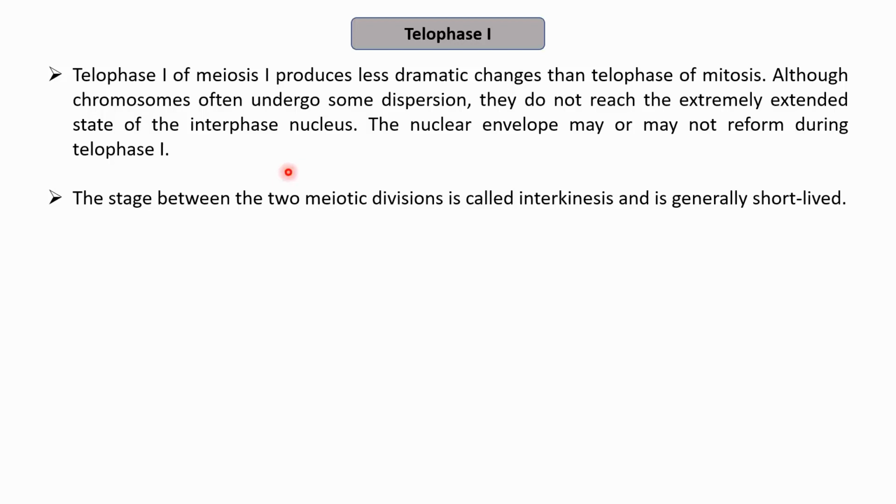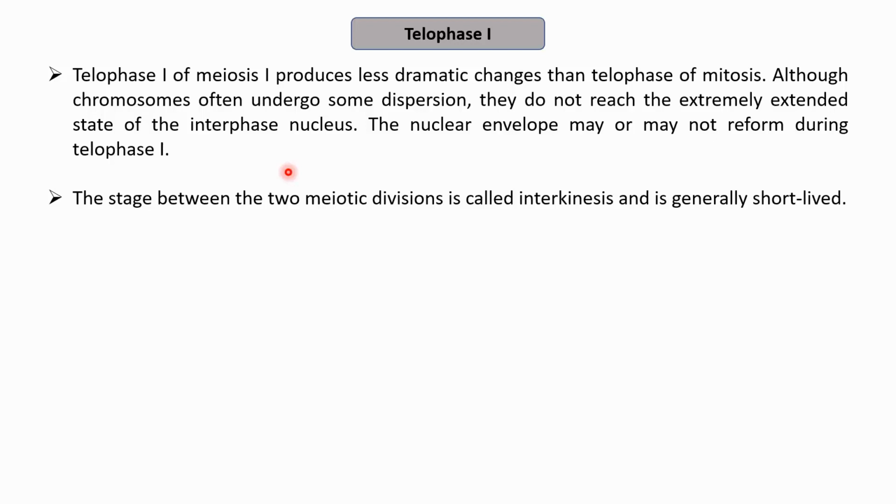If you remember, in the telophase stage of mitosis, the cell starts entering the interphase state, where it forms the nuclear envelope and extends the chromosomes in the form of chromatin in the nucleus.